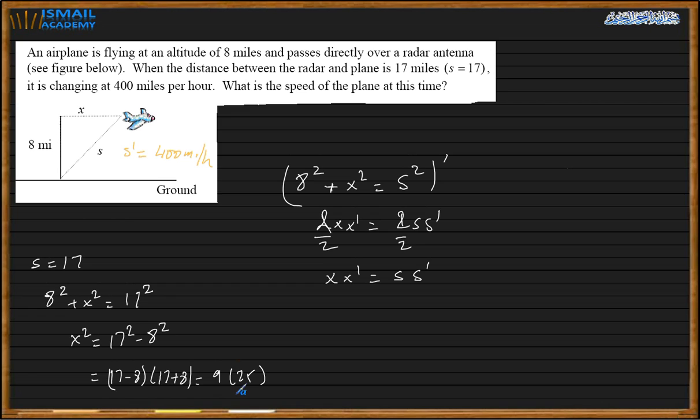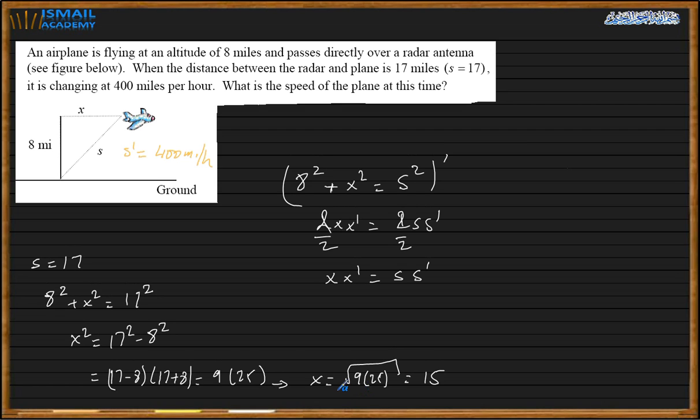If I take the square root, we end up with x equal to the square root of 9 times 25, which is 15. So I know that x is 15.